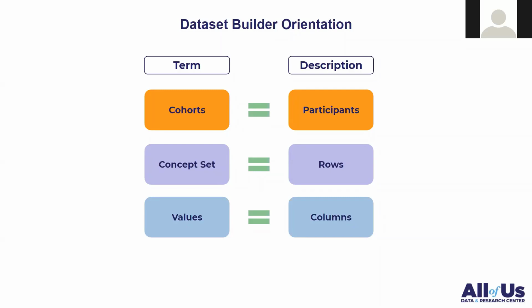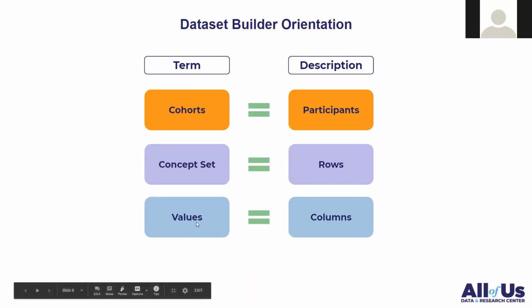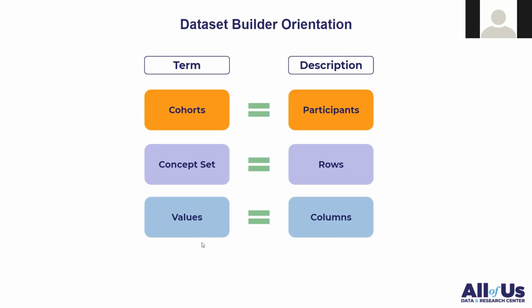So the easiest way to think about a concept set is really, this is the set of rows that you are choosing to pull in from the larger data set for analysis. The final piece here, and this will probably be clearest during the actual demonstration portion, are values.